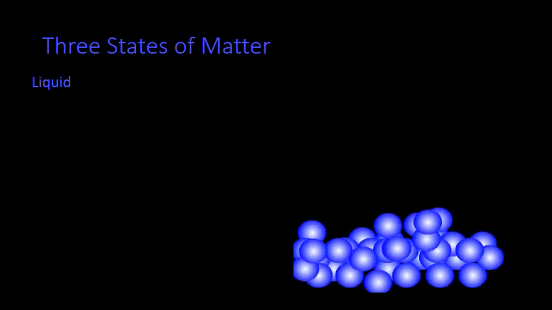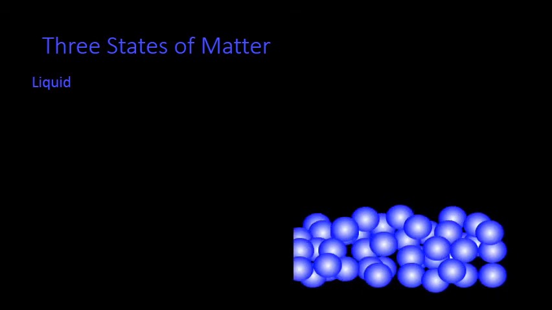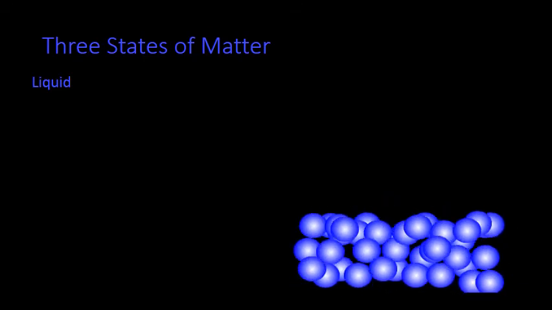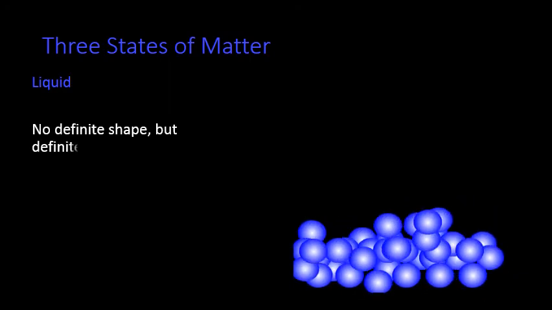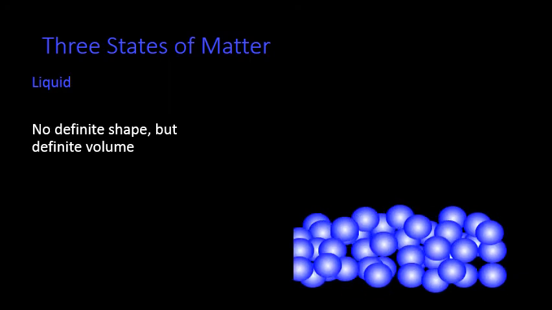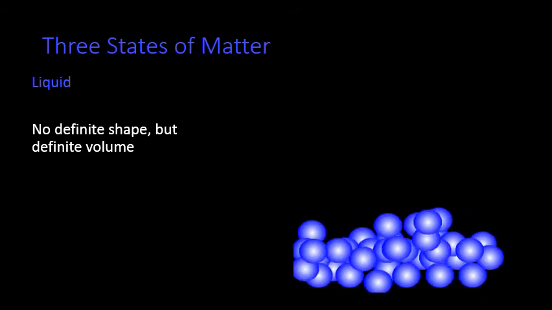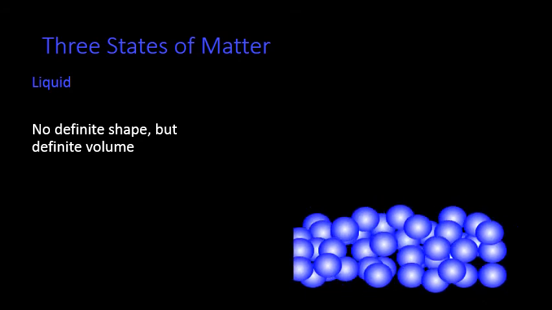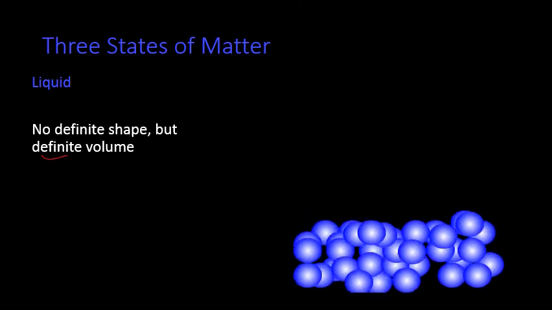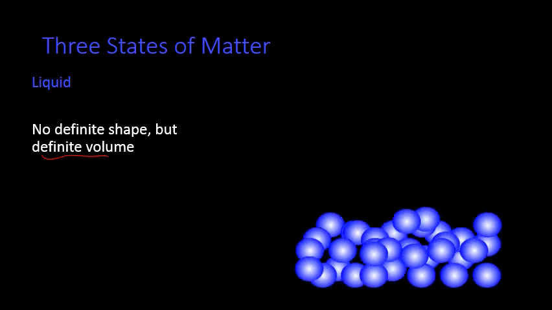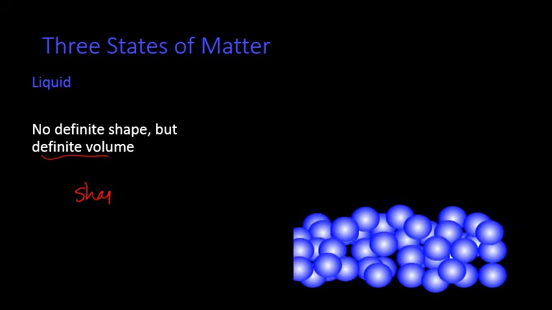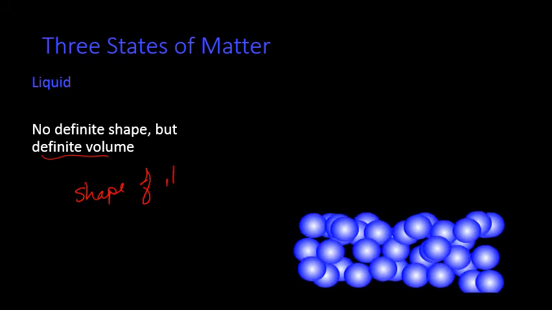To me, that always looks like a big pile of bees on a beehive. Anyway, the definition you need to know is that liquids have no definite shape, but they absolutely have a definite volume. You can measure the volume, easy peasy. But a liquid takes the shape of its container.